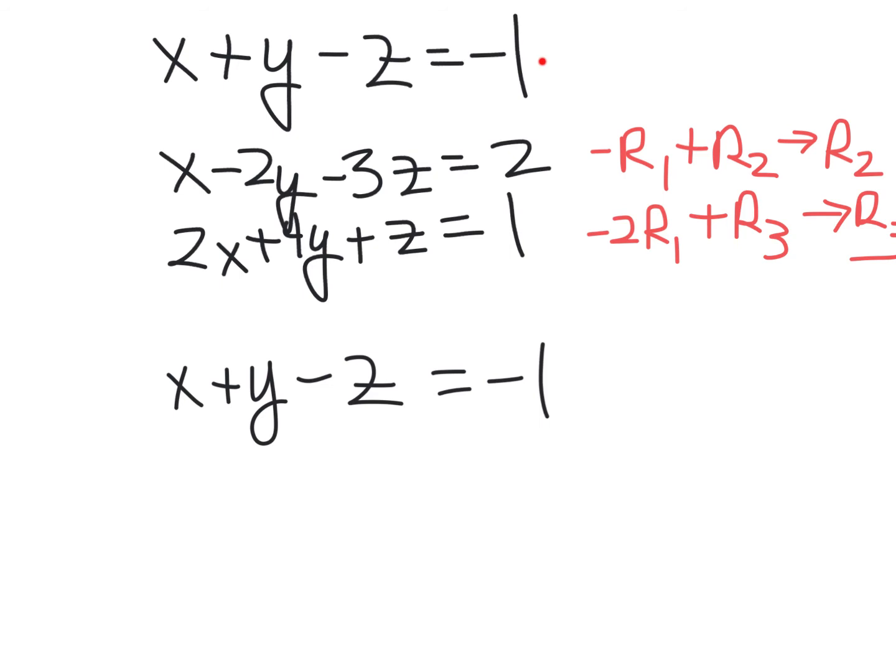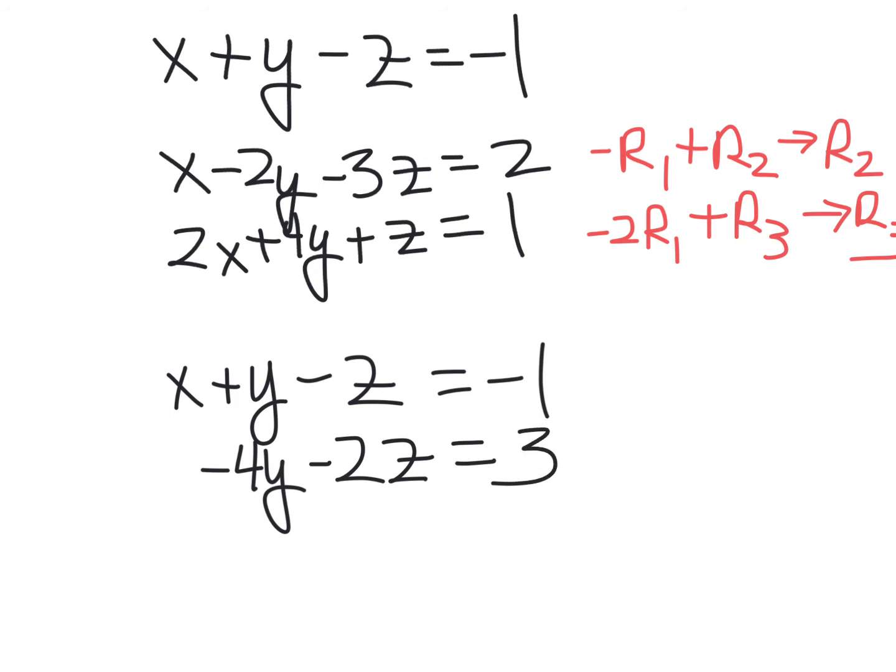So the opposites of all of these plus those: -x plus x goes to 0. -2y plus -2y gives us -4y. Then we have the opposite of -z, so it's z plus -3 would be -2z equals, and then -1, the opposite of this would be +1 plus +2 is 3.